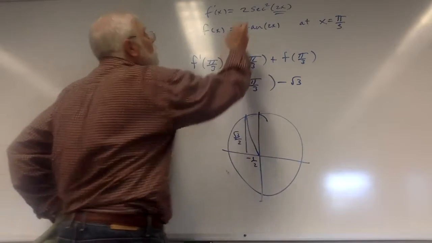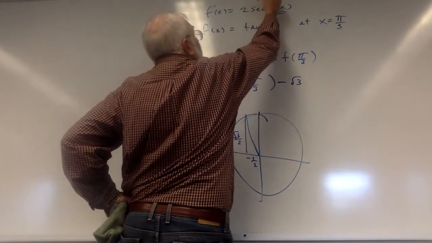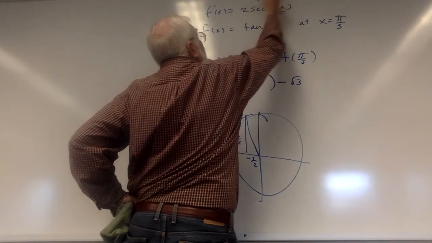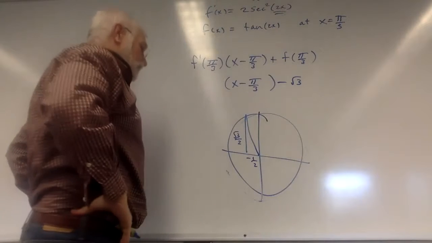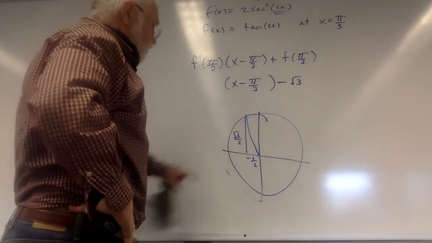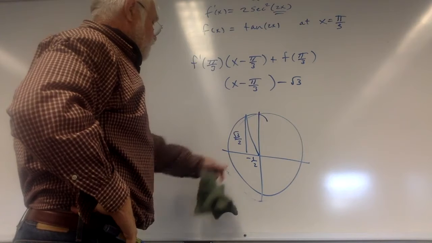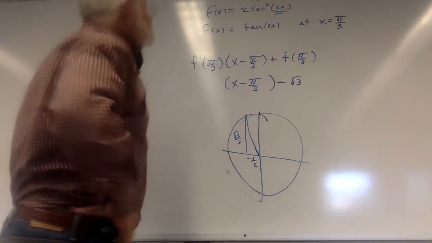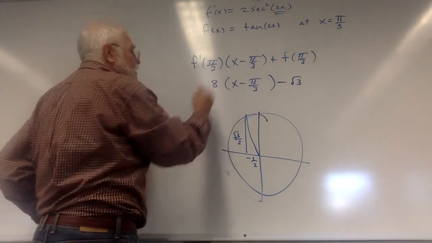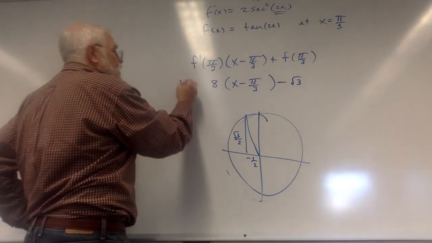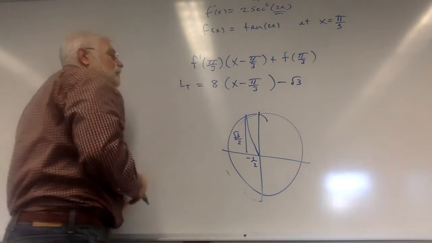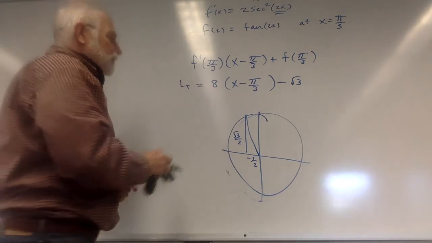So the secant squared is going to be negative 2 squared times 2. Let's see if I got that right. So we're flipping it. Cosine secant, you got negative 2. We're squaring it. Yeah, and so that appears to be 8. And so that is our tangent line. 8 times x minus pi over 3 minus root 3.